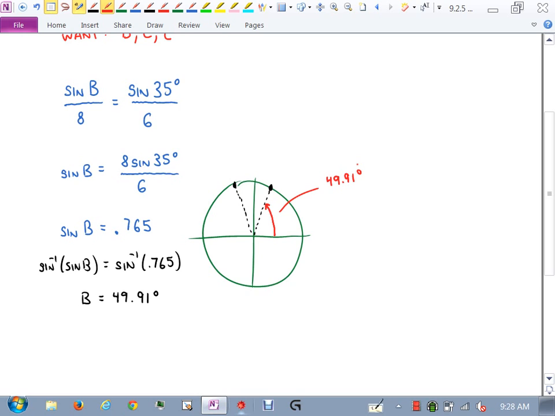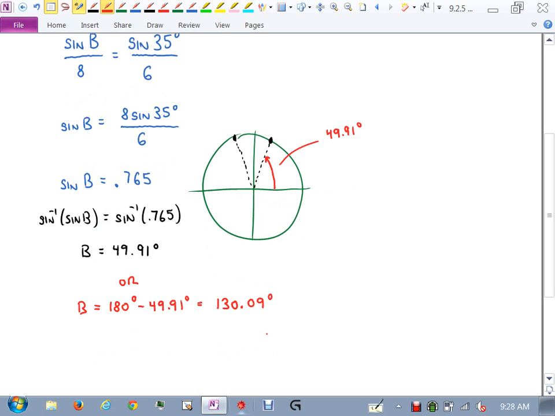Okay, so now the other angle, B, could be 180 minus the 49.91 degrees. Let's round to two decimal places: 130.09 degrees. Which again is reasonable, right? It's within 180 degrees.